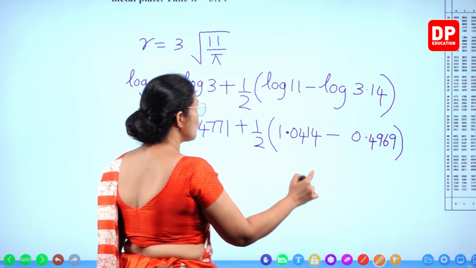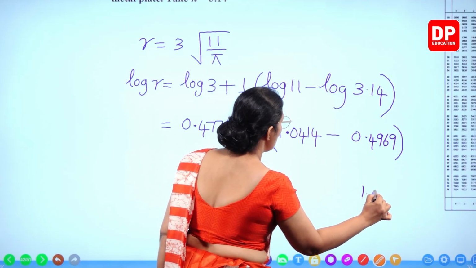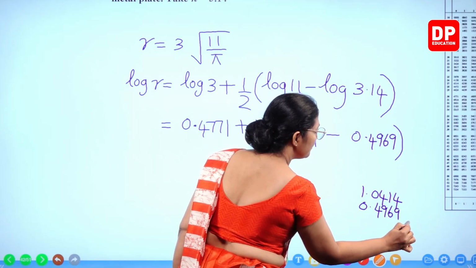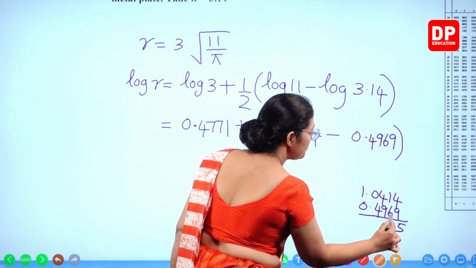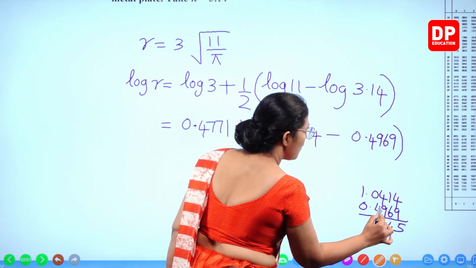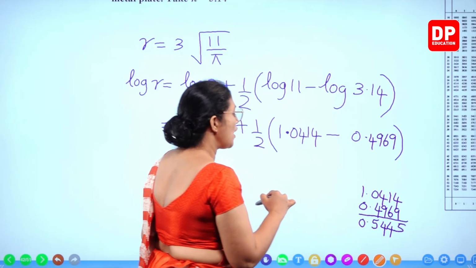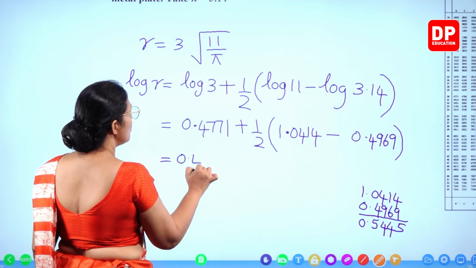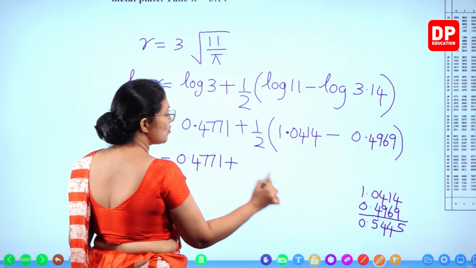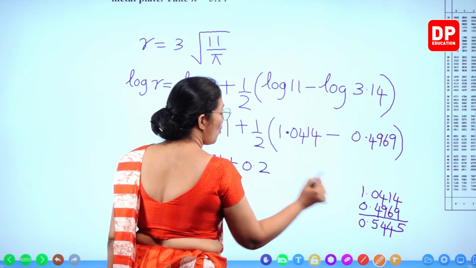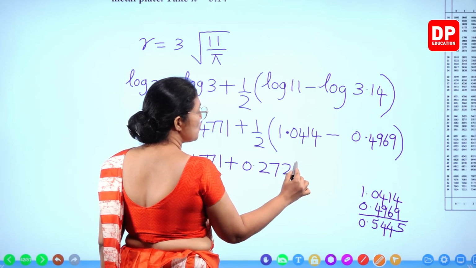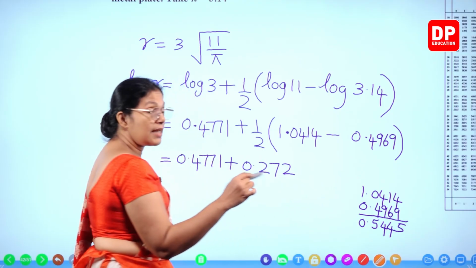Now we'll subtract these two first. 1.0414 minus 0.4969. 4, 11, 10, 14, 1 remaining, 5, 5. So 0.5445, then you divide by 2. So divide by 2, you get 2 times 2, 4, then 7, 2 times 2, 4, and then 2 times 2, 4, again for 10, that's 5.